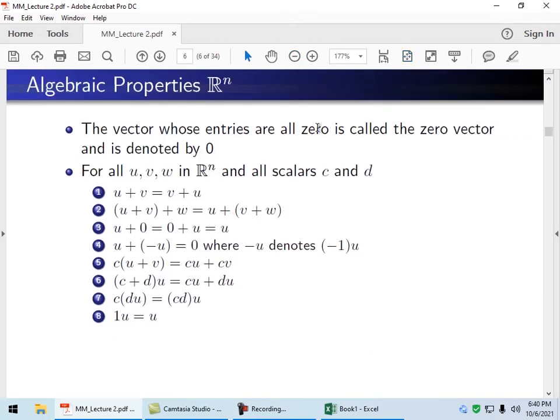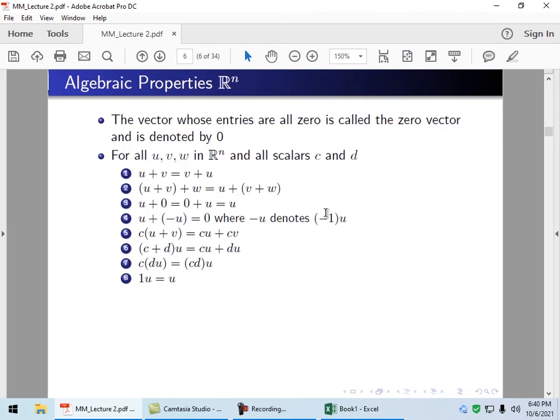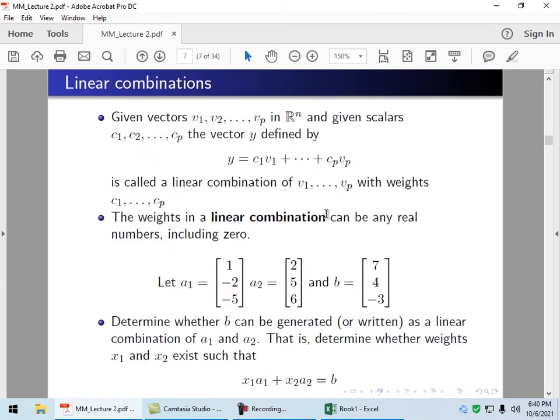What is more important to use with these rules is called linear combinations. So generally we have several vectors and we have several scalars. And generally it doesn't matter whether it's Rn or not Rn. These are just how many elements we have.